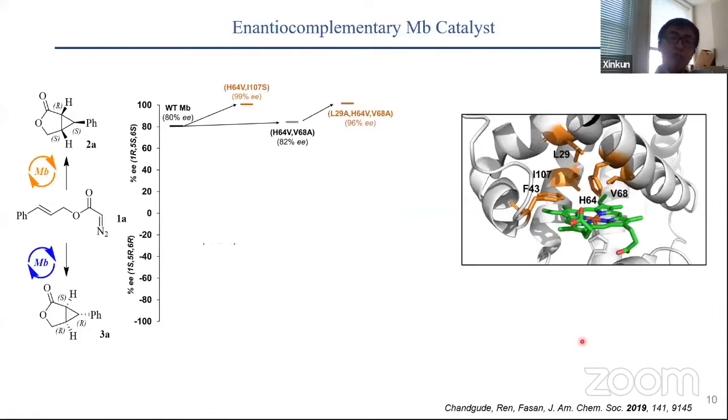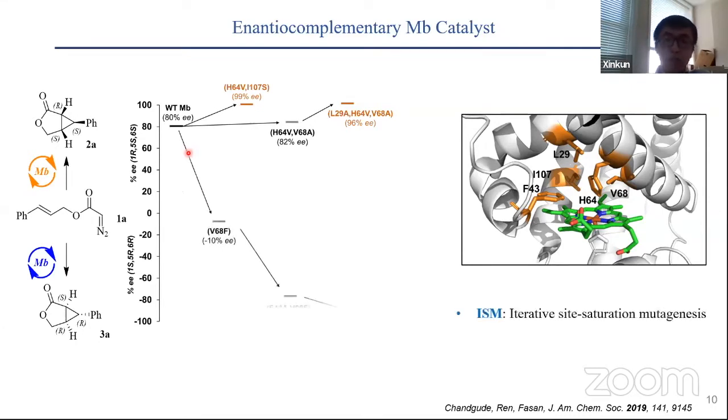We were also interested in making the opposite enantiomer, as mirror image forms of stereoisomers of bioactive compounds may have very distinct pharmacological effects. But achieving this task is difficult because wild-type myoglobin already has a strong preference towards the first enantiomer.